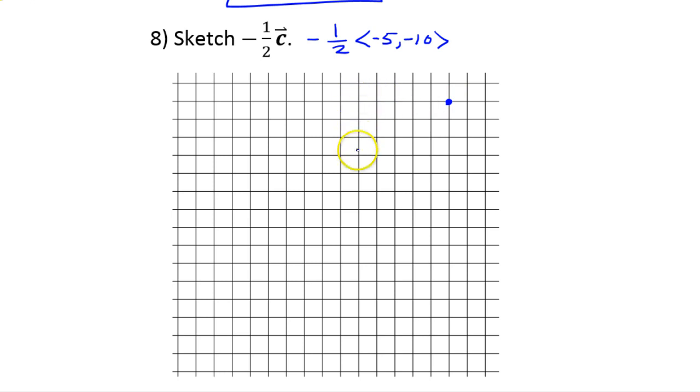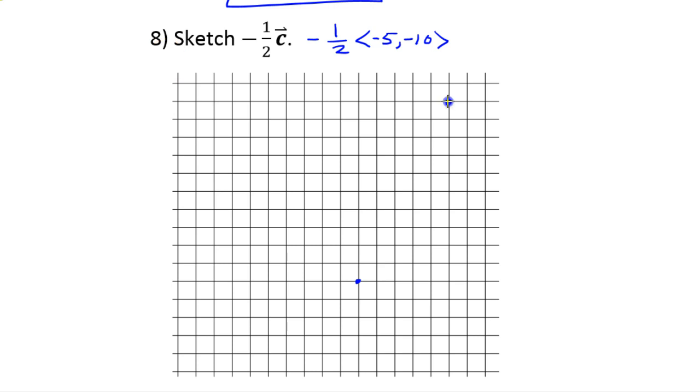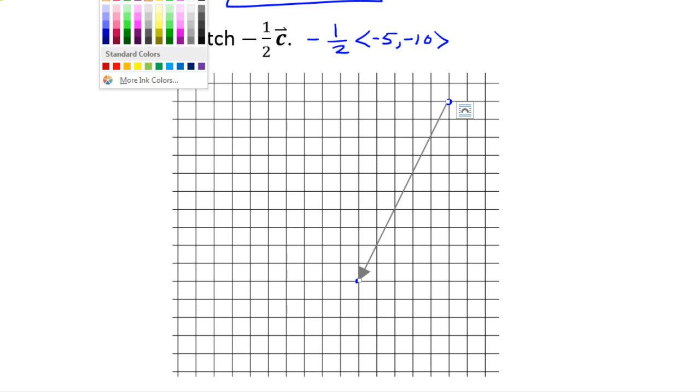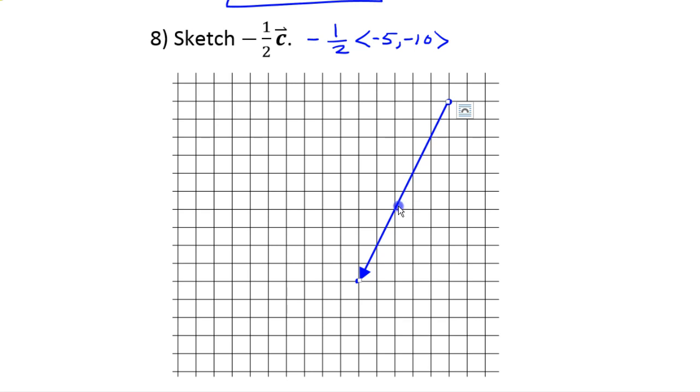So 2, 4, 6, 8, 10. This would be a whole vector C. Okay, so this would be vector C. And I'm going to go ahead and let it be blue for now. Alright, this is what vector C would look like.